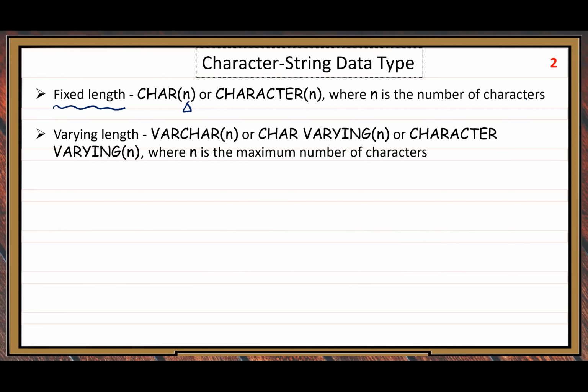Varying length: VARCHAR(N), and there are some other ways to write it. The first way is the most popular. Although there are multiple ways to write the same data type, the first one is very convenient.